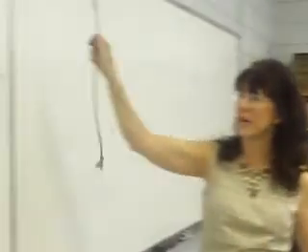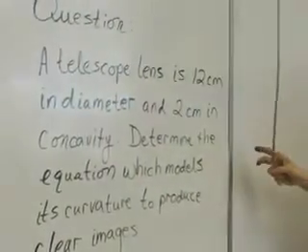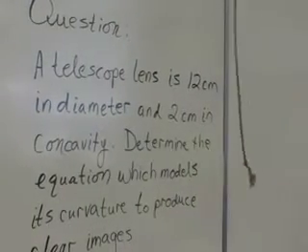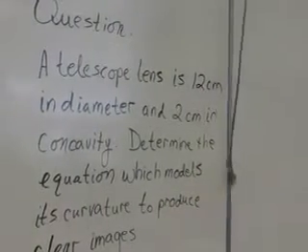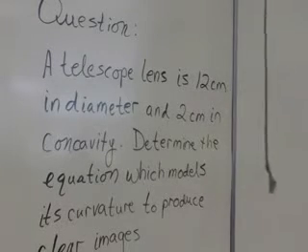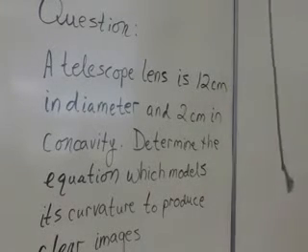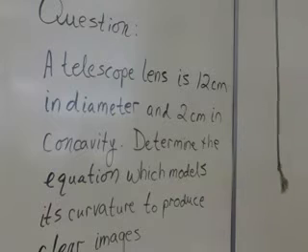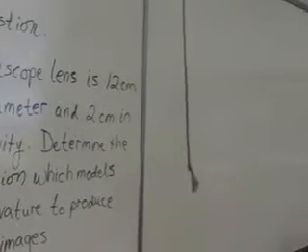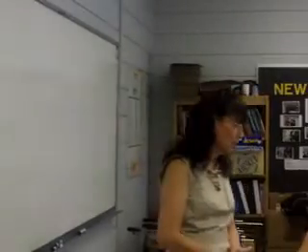Now we have a question to lead off with that might help us figure out any differences in our shapes. So we've got a telescope lens 12 centimeters in diameter and 2 centimeters in concavity. We want to determine the equation which models its curvature to produce clear images. All right, let me see you draw a picture of this problem to begin with.